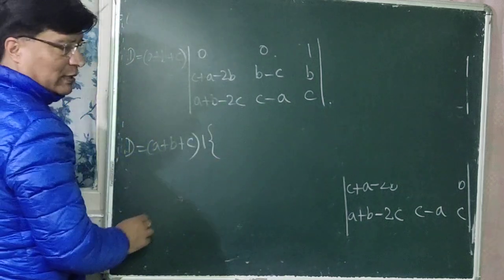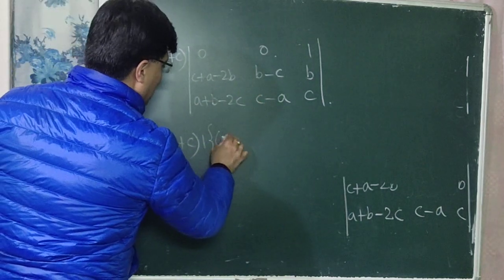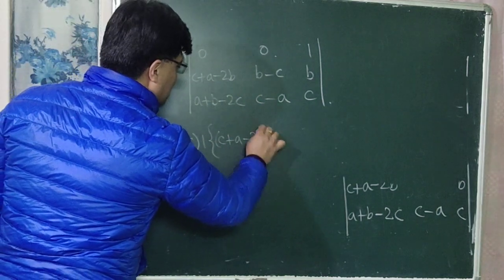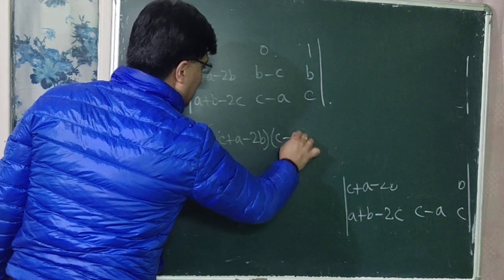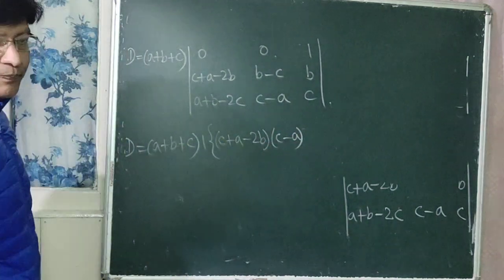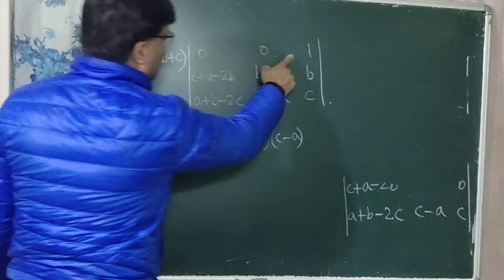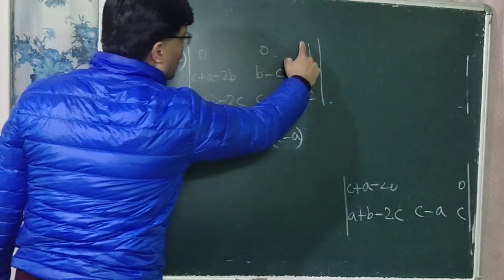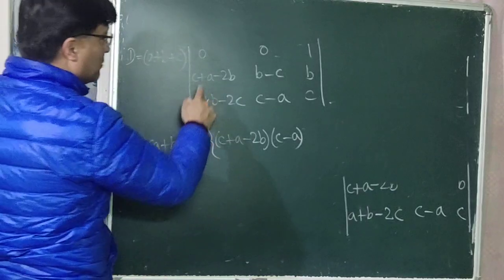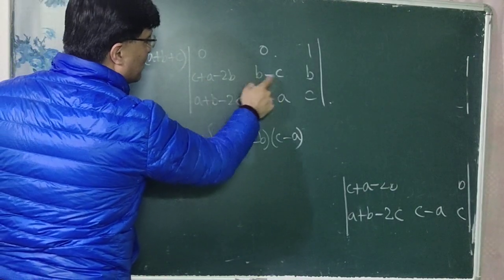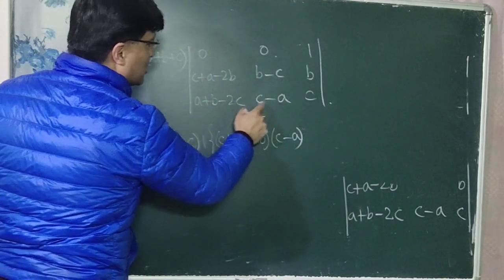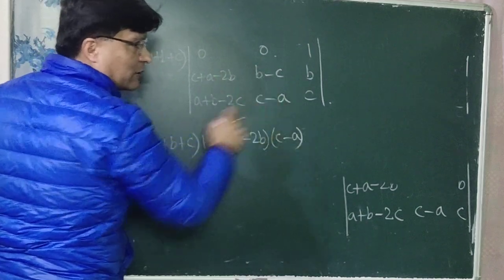So within second bracket, multiply these two. C plus A minus 2B into C minus A, right? So if you take this one, you have to delete the row and the column through the element. That means C plus A minus 2B, B minus C, A plus B minus 2C, C minus A. This is the second order determinant.